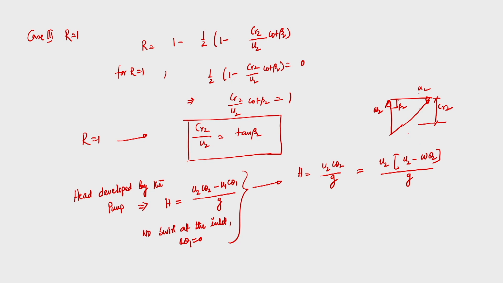So, if I now look at the velocity triangles at the outlet, then what about W theta 2?